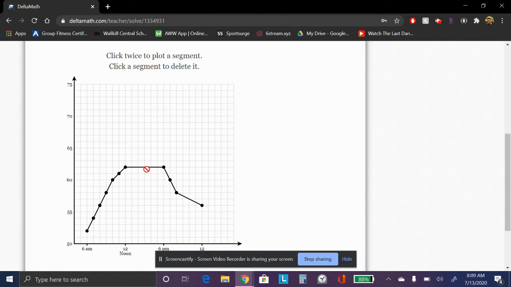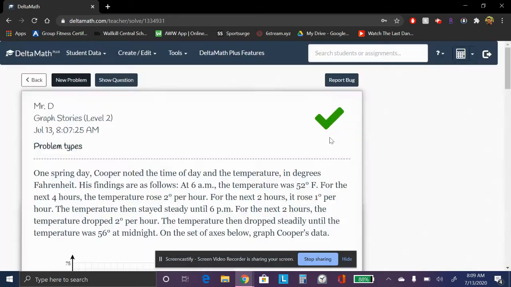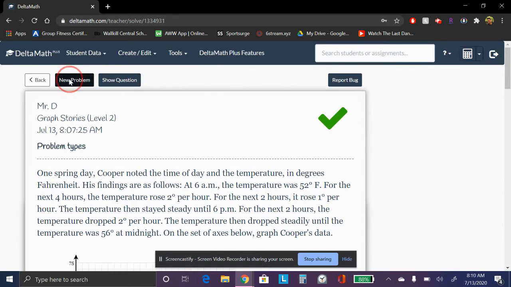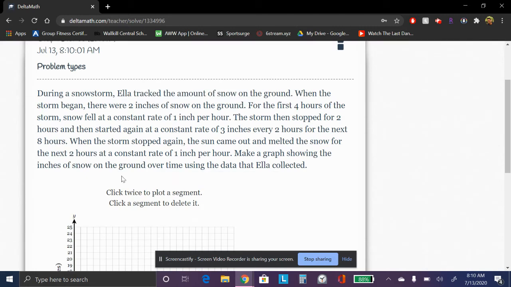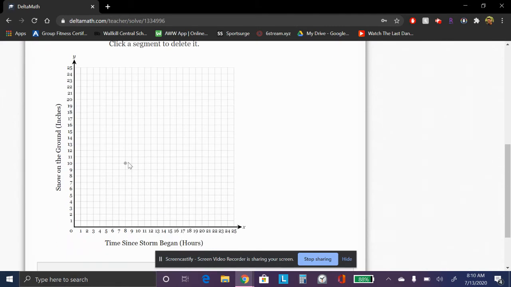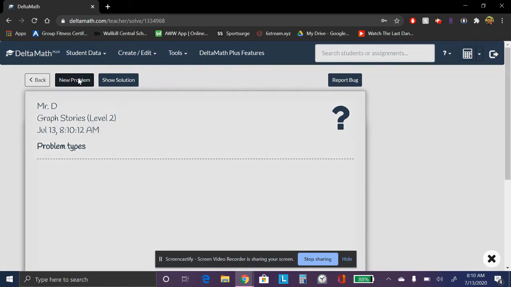It goes up, stays, drops, and then ends at 56 degrees at midnight. Okay. Let's look at one more.